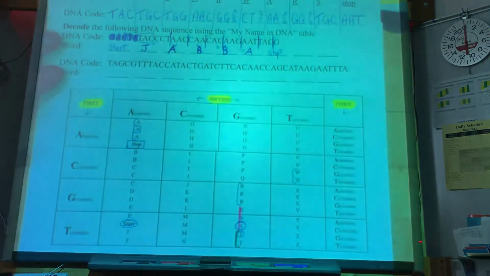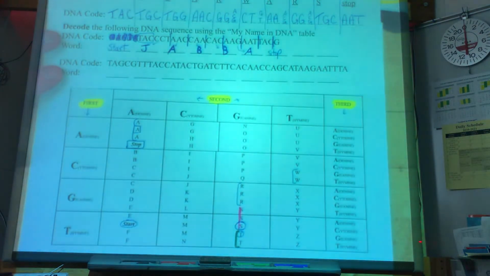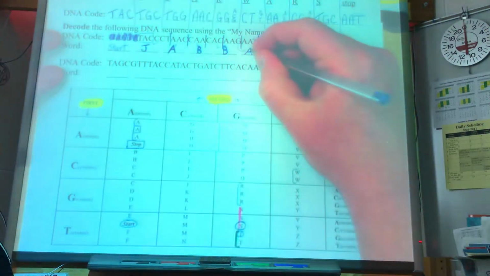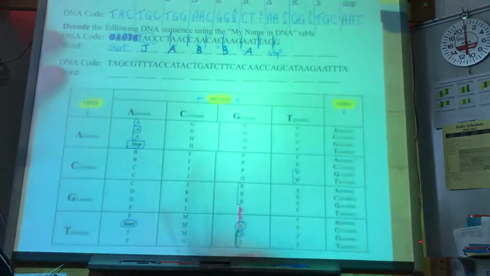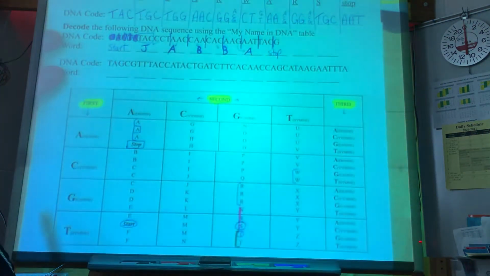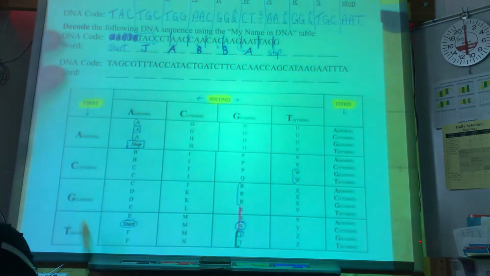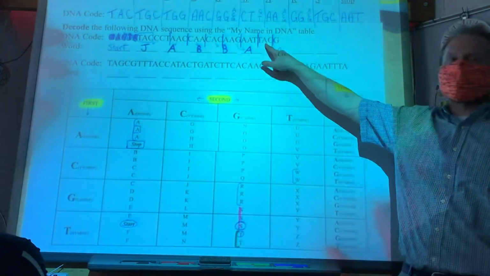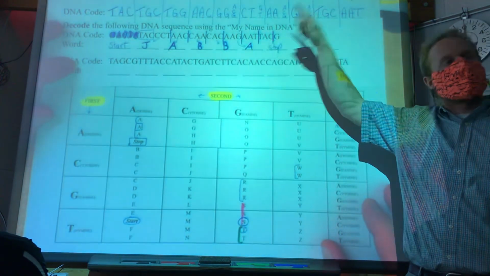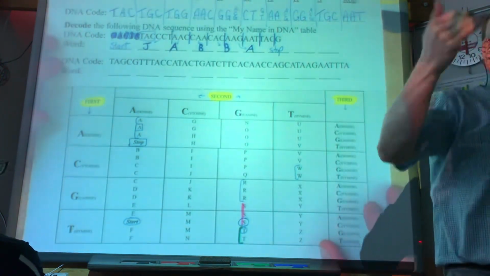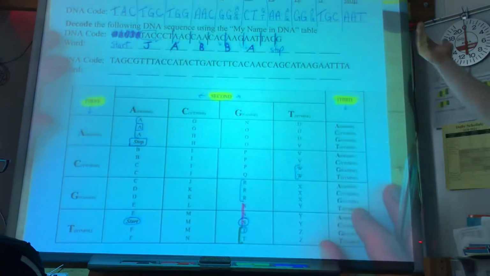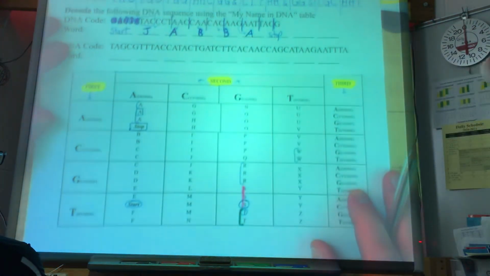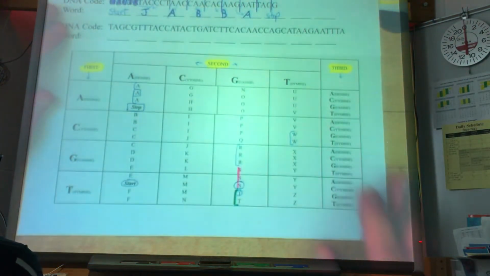So what do you do? You stop spelling that word. Kind of pure coincidence in terms of random sequence letters. What's the next three say after that stop, actually? I know it said to stop, so you should stop, but what does that tell us to do? Start. So we'd start spelling the next word. It's just we're out of stuff to spell, right? But that's kind of an accident.